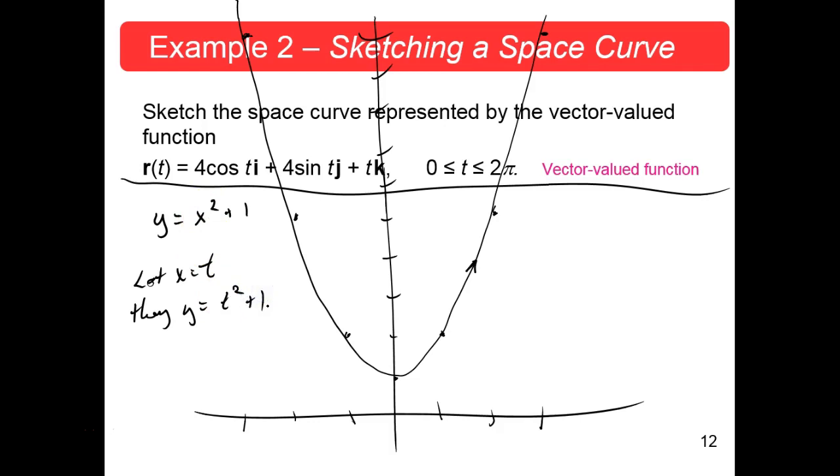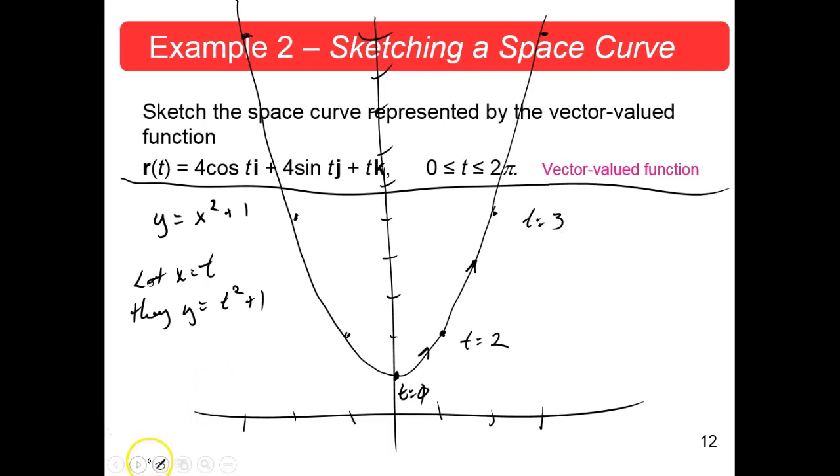Okay? Now when t is equal to 0, x is 0 and y is 1. So this is t is equal to 0. And when t is equal to 1, you're over here. And then your y would be 2. And that's exactly where you are there. So you're going in this way. This is t is equal to 2. Okay? This would be t is equal to 3.